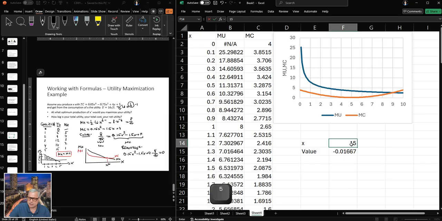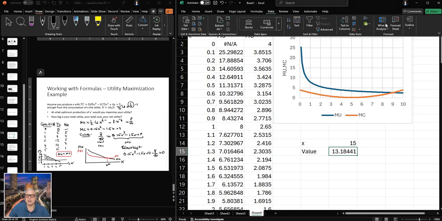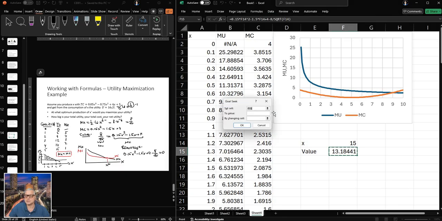So let's say if I have here 15, it doesn't matter what I start with. I just go to data, what-if analysis, goal-seek, and you want to set the cell, this one, to a value of 0 by changing that cell. Okay, and then you just tell Excel, give me the answer. And we get again 9.01.